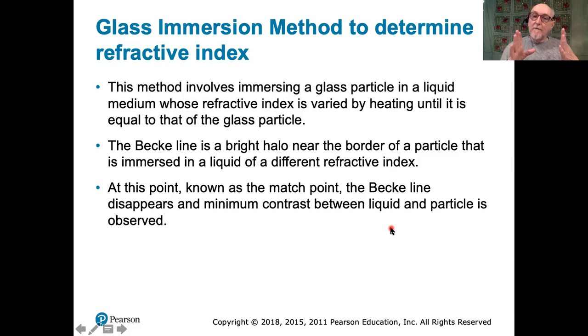It's actually an oil, and it's on a special microscope where the oil can be heated. As the oil is heated, its density is going to drop and its refractive index is going to change, because refractive index is in fact related to density.